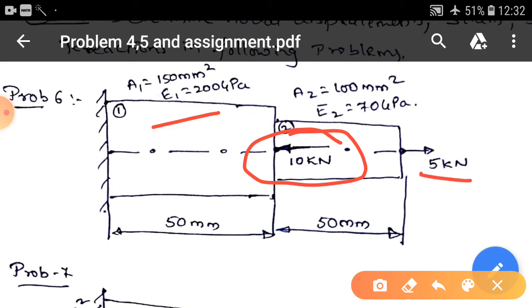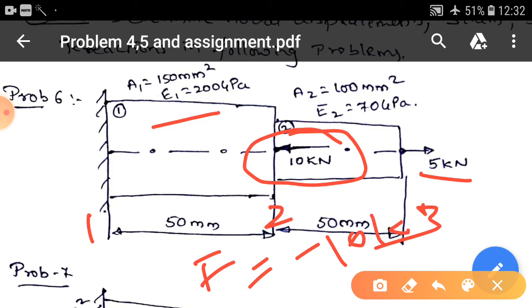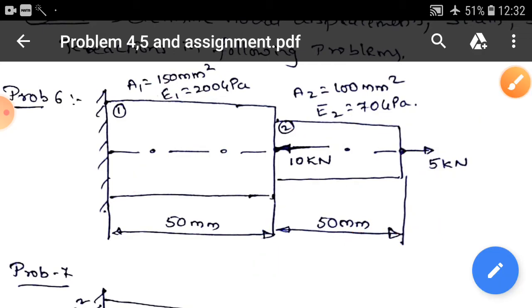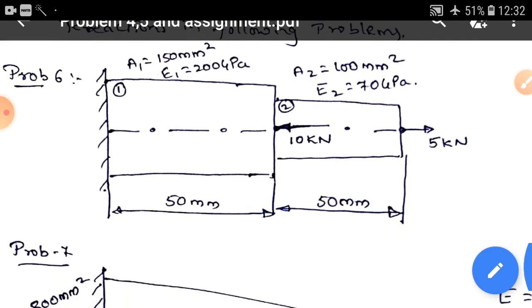If you take this as node 1, node 2 and node 3, the force here will be minus 10 kilonewton. This element is under compression and this one is tensile. You should get approximate results like that, because minus 10 kilonewton on the first element is trying to compress it. That is the only change.